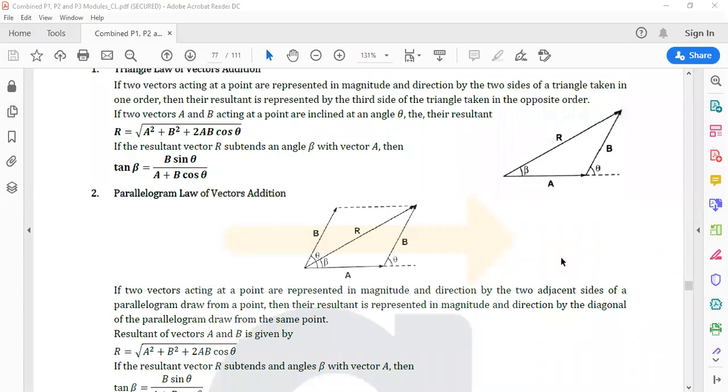Types of vectors, addition of vectors, subtraction of vectors, when the vectors are given in terms of components.